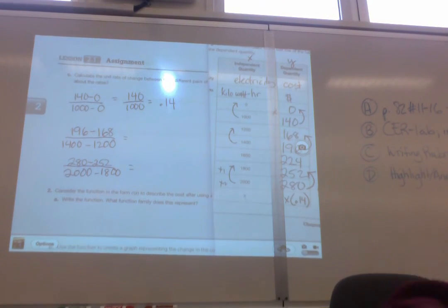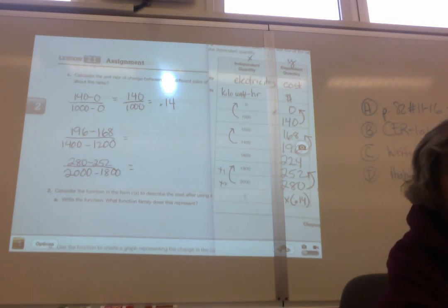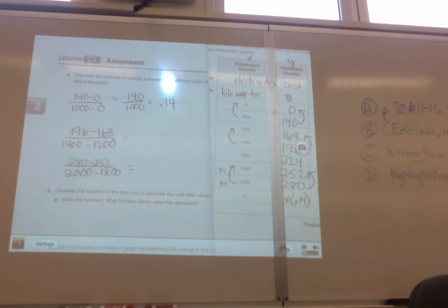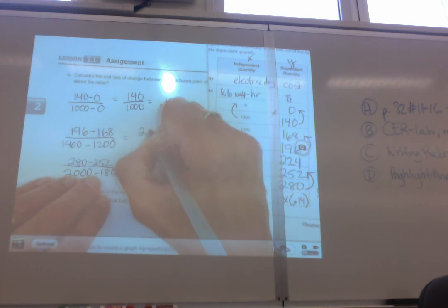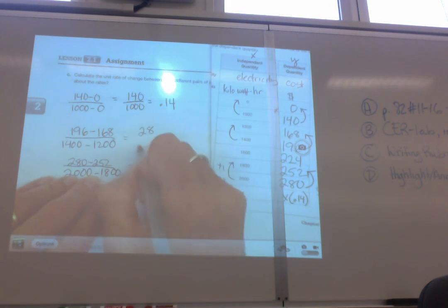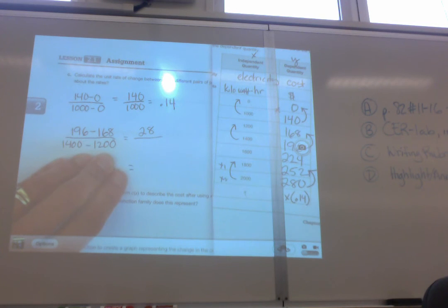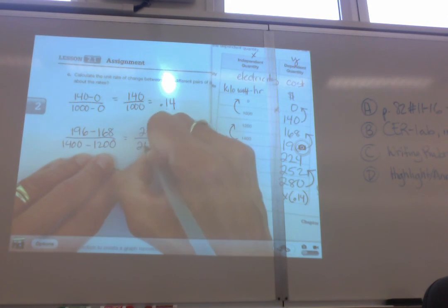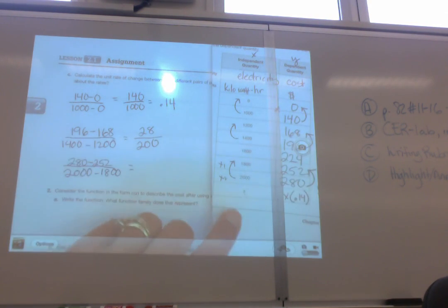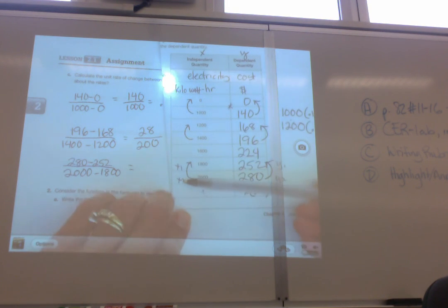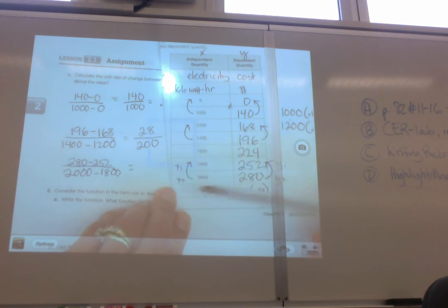Now I'm going to get my calculator and subtract the top. Clear. 196 minus 168. That's 28. Are you all right? Yeah. Okay. And now I'm going to subtract the bottom, 1400 minus 1200, and I get 200. So again, I set it up based on comparing two spots on the table.